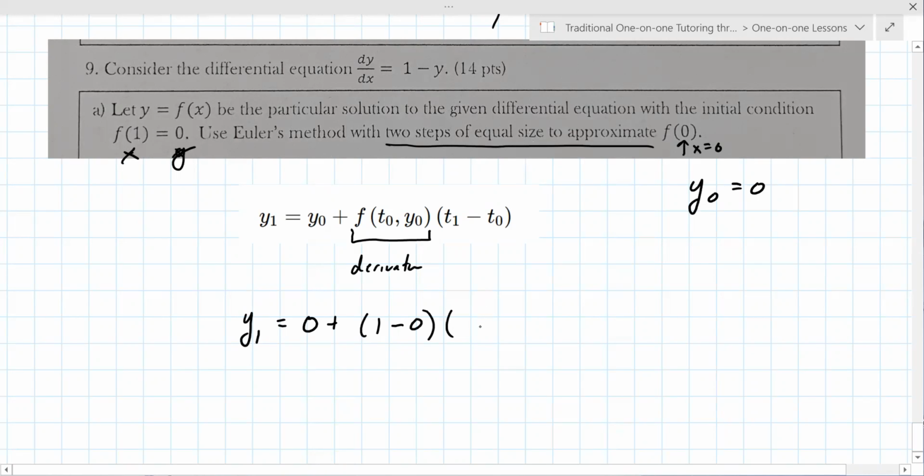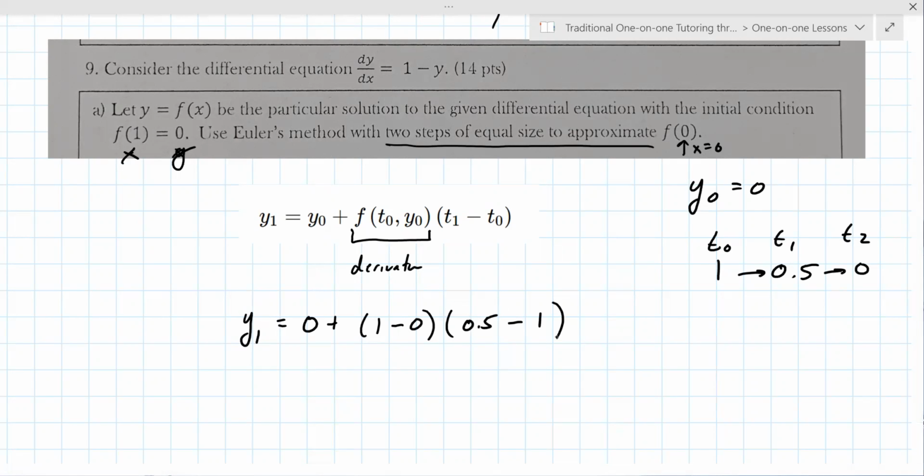So your T1 is 0.5, because that's your next step. Think of it like you're starting at 1, you go to 0.5, and you go to 0. So this is your T0, this is your T1, and this is your T2. It's really odd, but this is the formula.